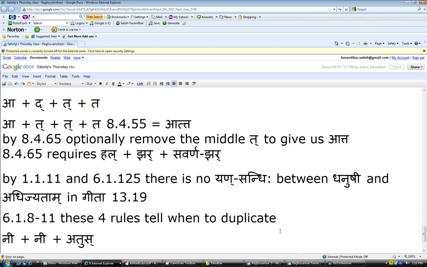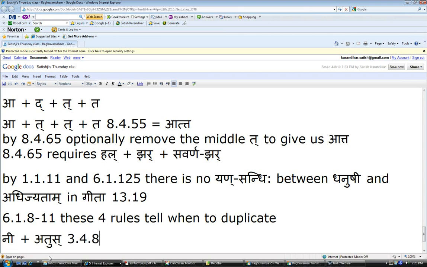Let me back up one step. When we had ni plus tas, the tas became atus by 3.4.82, because we already saw that in lit lakara we have the substitutions of nal, atus, us, etc.